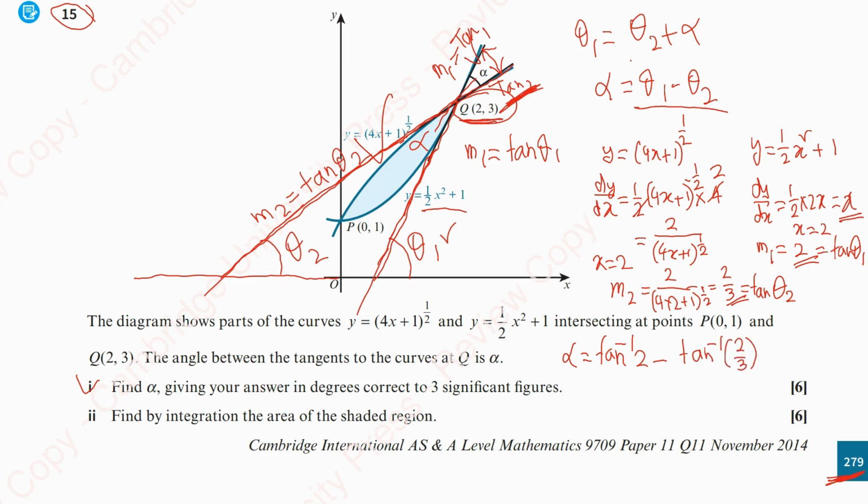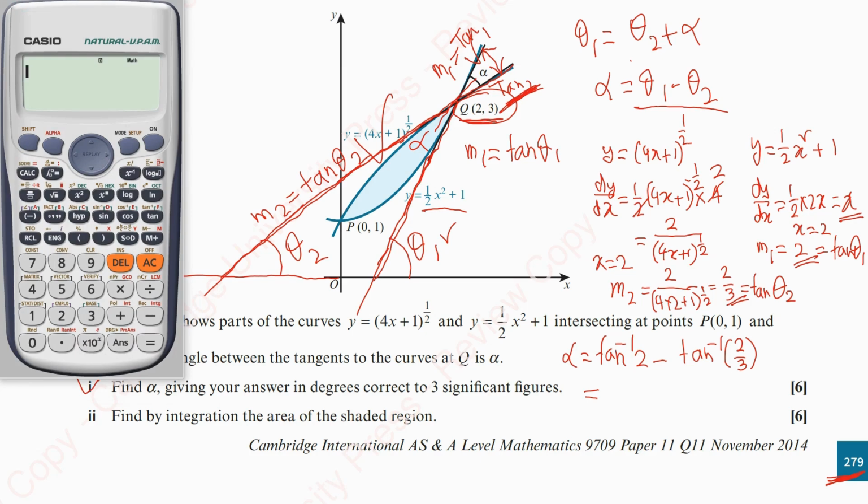Now only the calculator working we need to apply. I'm going to show the calculator. Yes, this is our calculator.